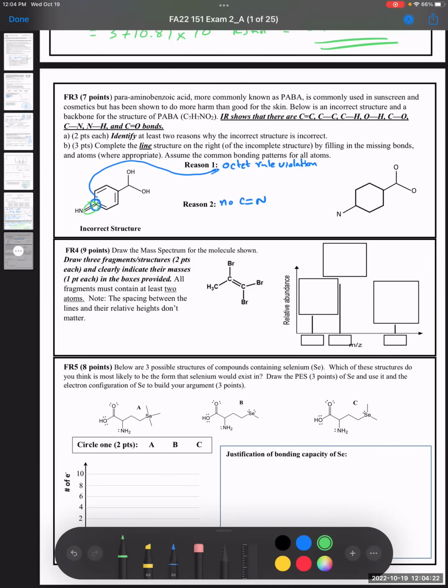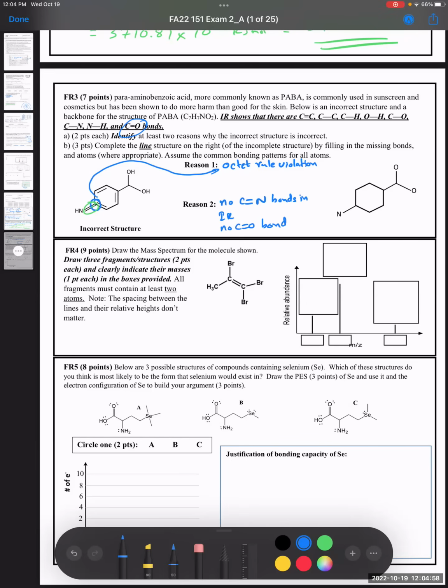No CN bonds in IR. And also, we see that we have C double bond O bonds. Where are they? You don't have C double bond O bonds. So no C double bond O bonds. We only need two reasons actually.